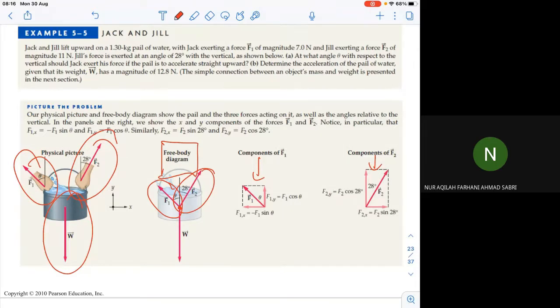W is always a y component because it is straight downward due to gravity, because W is always equal to mg, which depends on the gravitational acceleration. So W is always in the y axis only, not in the x axis.